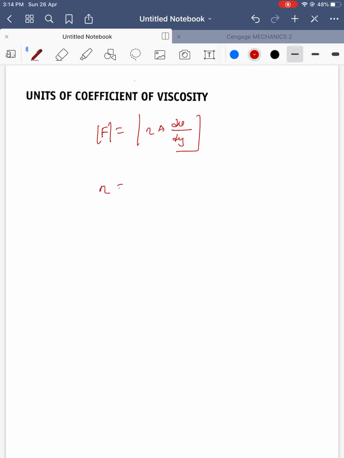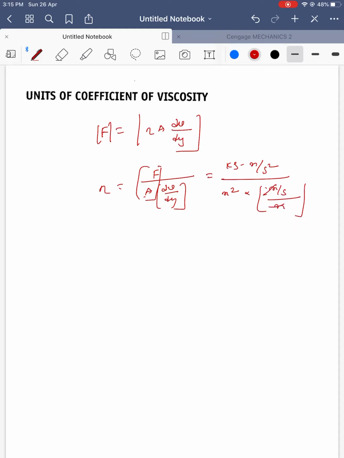Writing only magnitude, nu is equal to F by a dv by dy. Simplifying the units: F is kg meter per second square, area is meter square, dv is meter per second, dy is meter. Second square gets cancelled, meter square gets cancelled. The units are kg by meter second.